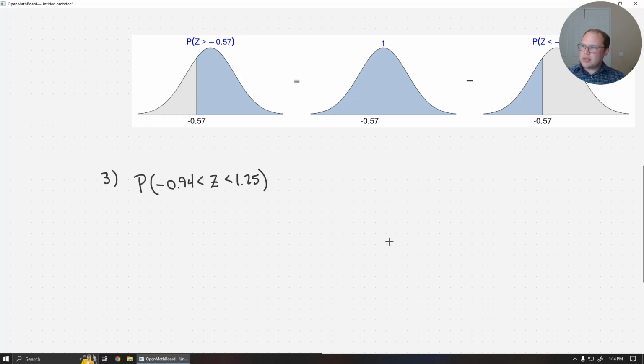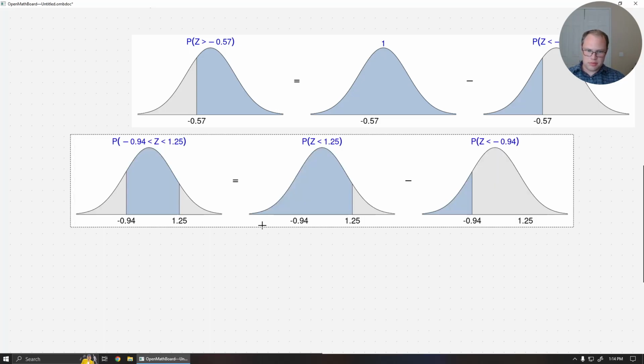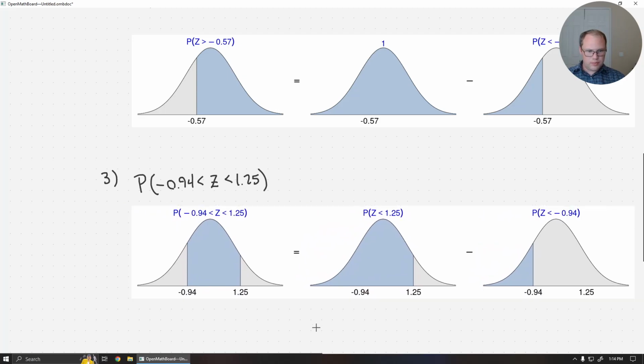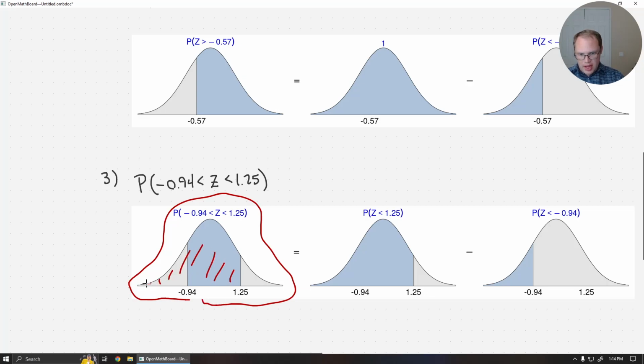So as always, it's a good idea to draw out what you're dealing with. So let me get my nice picture off to the side. Okay, this is a picture of what we want. Again, notice it's not just what's left of 1.25, it's what's in between these two values.